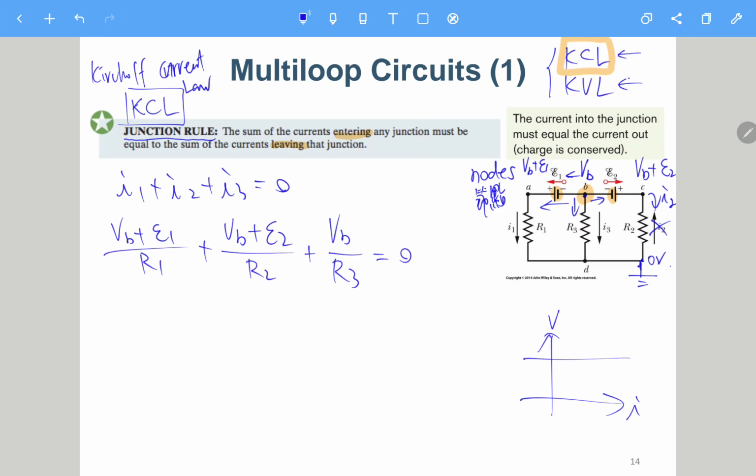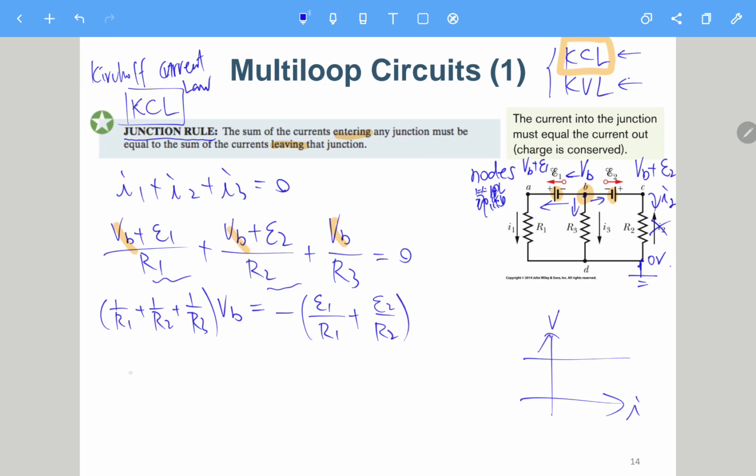Okay, so here we can just collect the term with VB. Altogether we have (1/R1 + 1/R2 + 1/R3) times VB equals, we just move the remaining two terms to the right side, which is actually negative E1 over R1 plus E2 over R2.